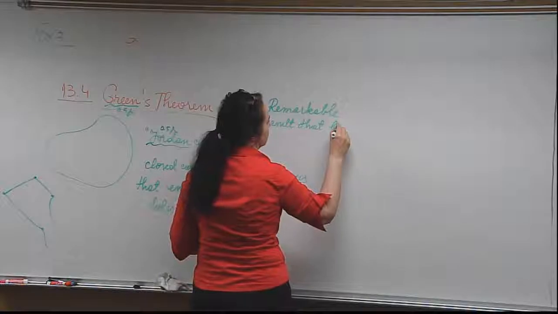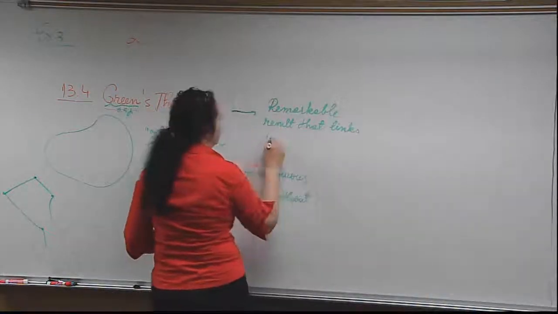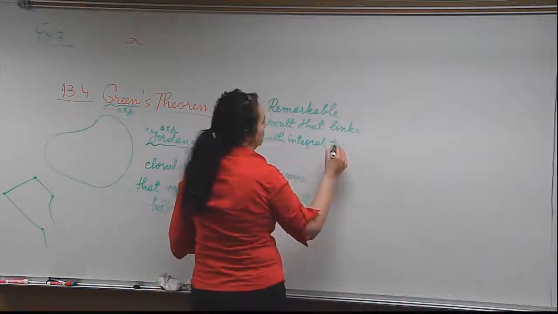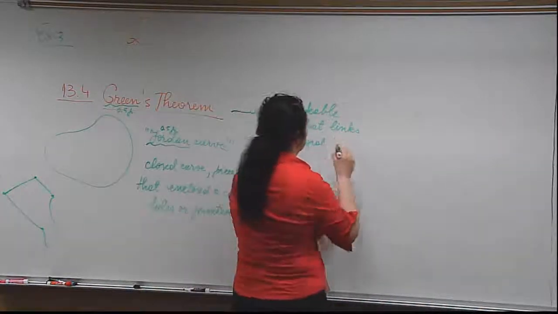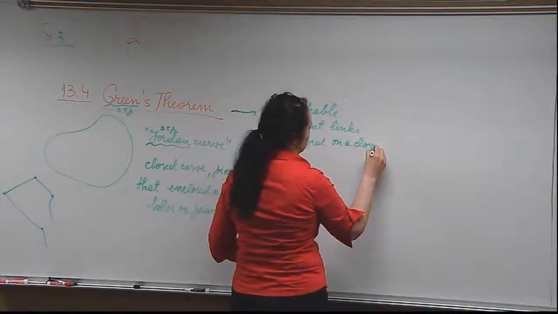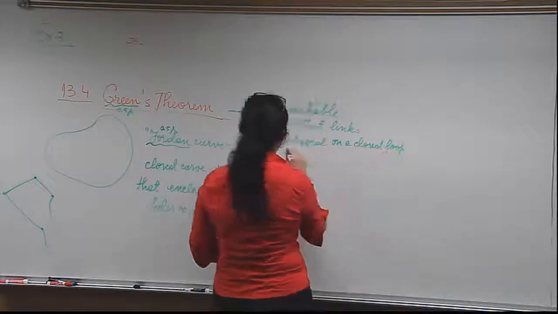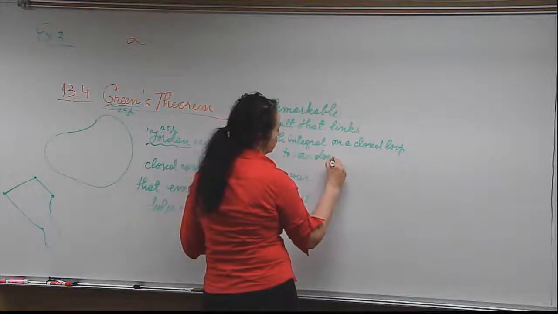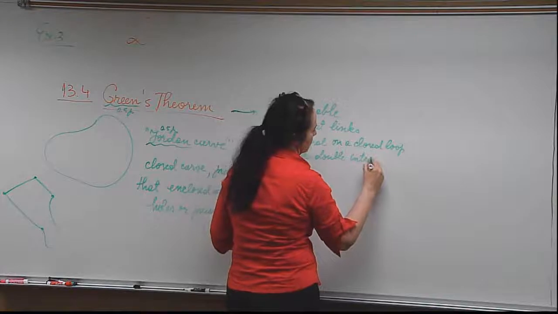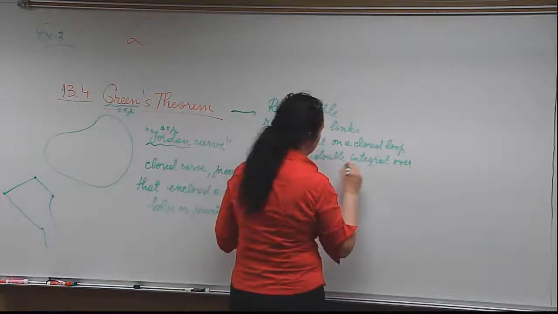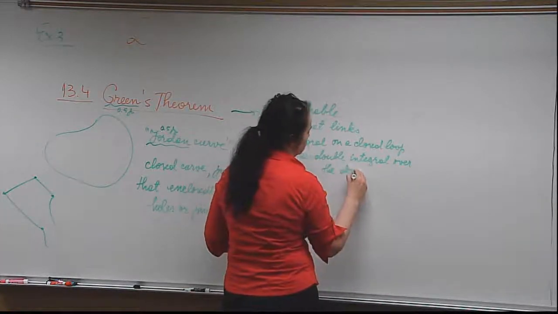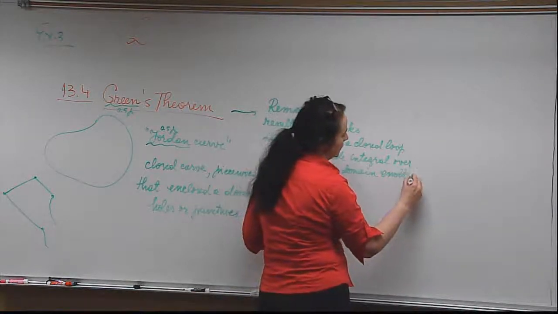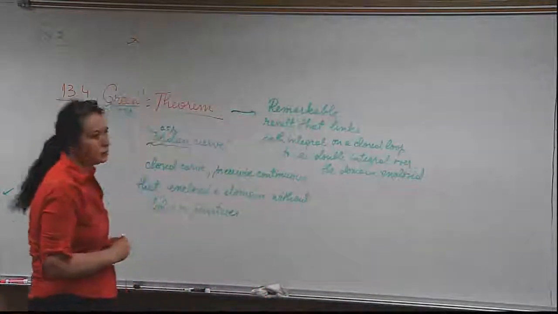That links the path integral on a closed curve to a double integral over the domain enclosed. I can say the domain inside, but you have to understand it's enclosed by the curve.